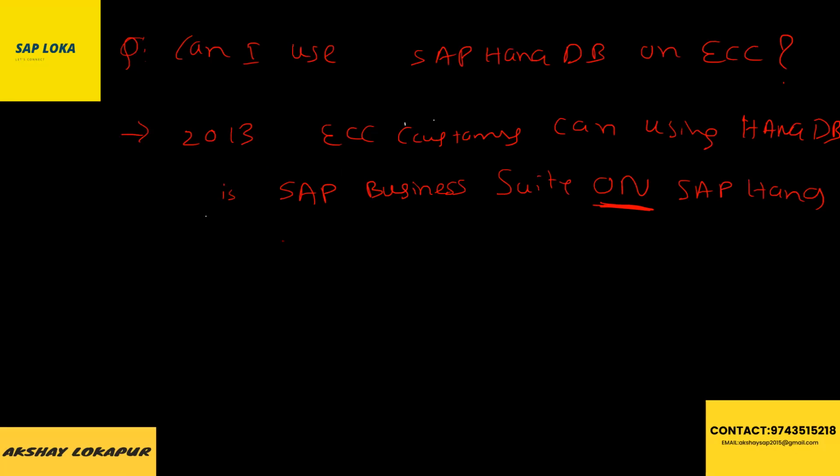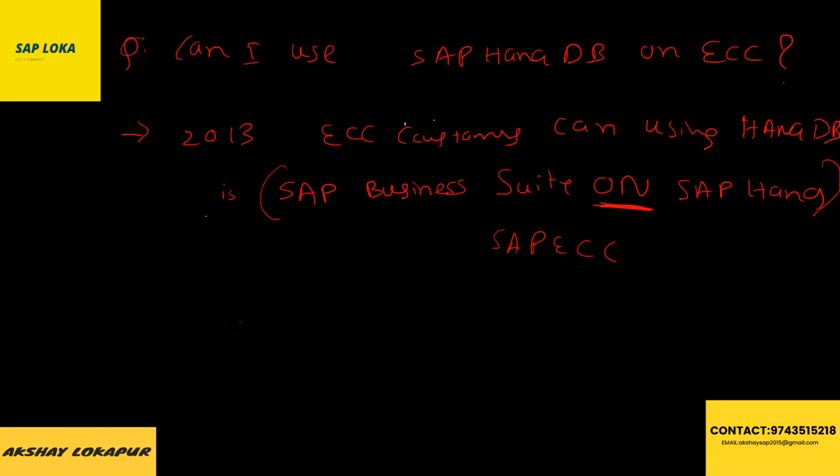Okay, this is very important. If they ask what it is called when you are using the SAP database in ECC, you can tell it's SAP Business Suite on SAP HANA. So "on SAP HANA" means, by default, you can understand it is used with SAP ECC.